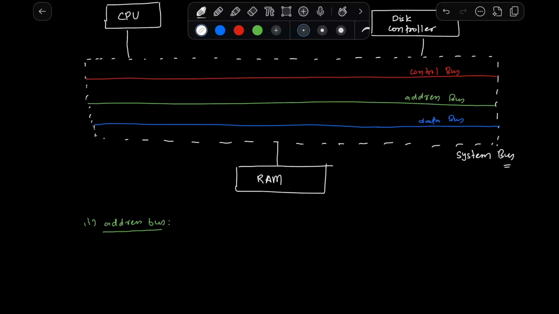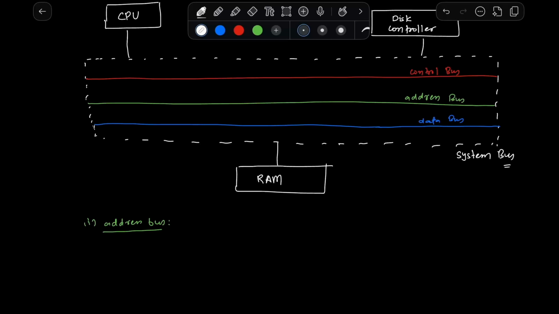Let's suppose the CPU wants to read or write on some specific location or do any operation on a specific location, so it will have to dump the specific location of it, and the channel which it will be using to do it is the address bus. If you want to think of it, like dropping some GPS coordinate onto the copper.